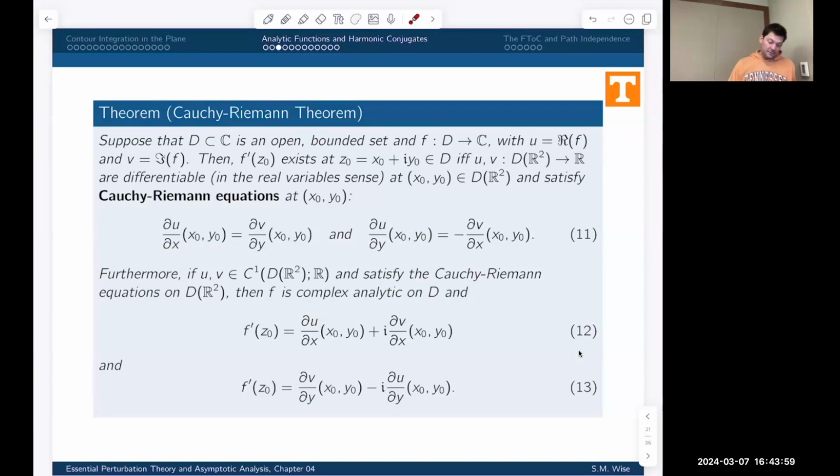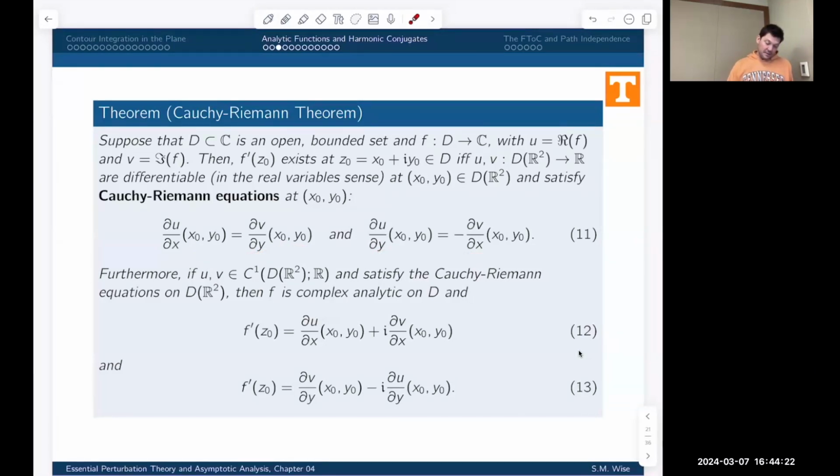And also du/dy at that point is equal to minus dv/dx at that point. So if the function is complex differentiable at z naught, then it's true if and only if u and v, its real and imaginary parts, are differentiable in the real variable sense and satisfy the Cauchy-Riemann equations.